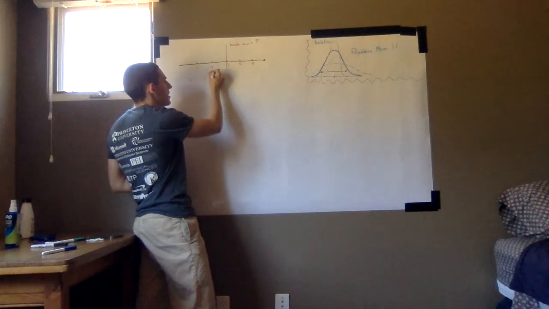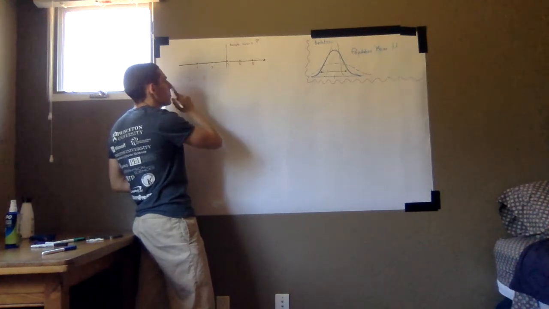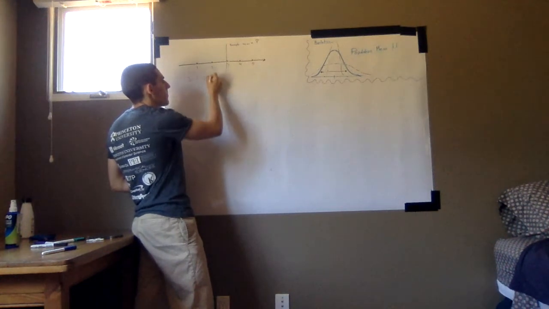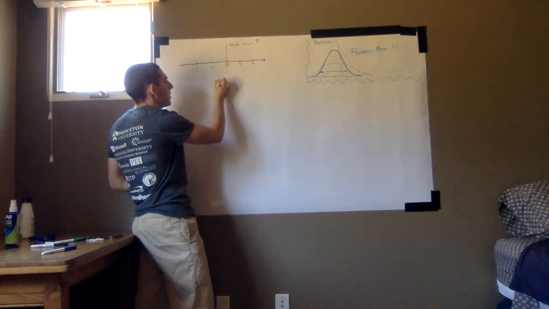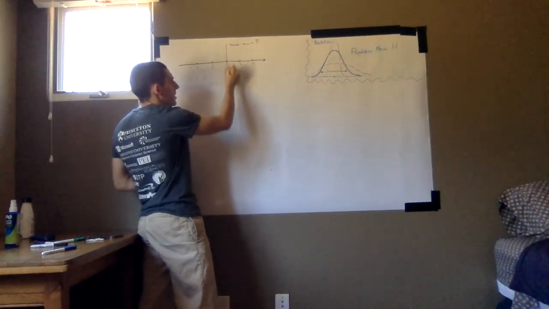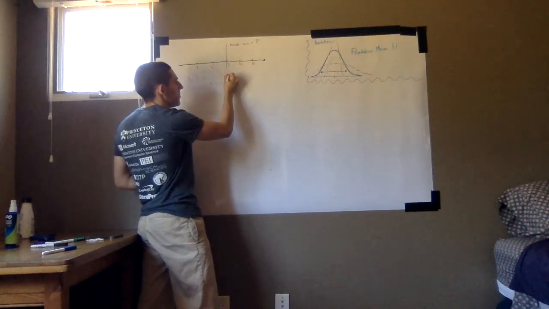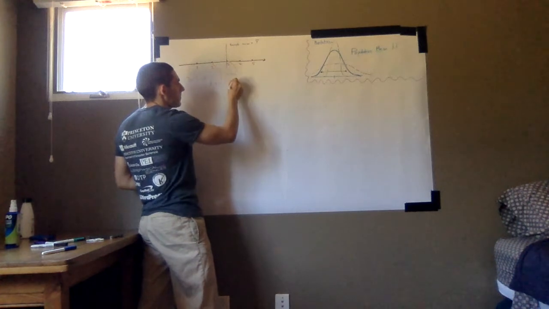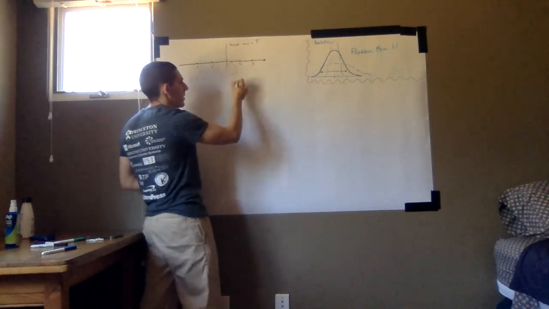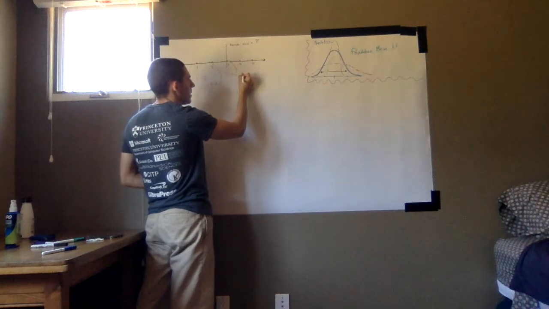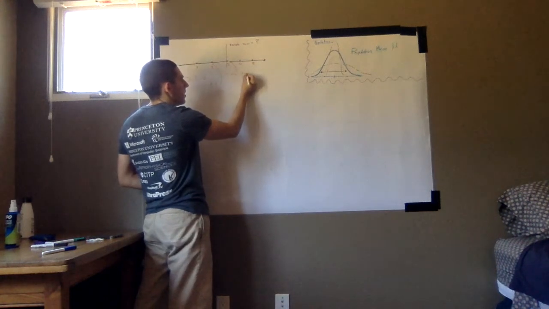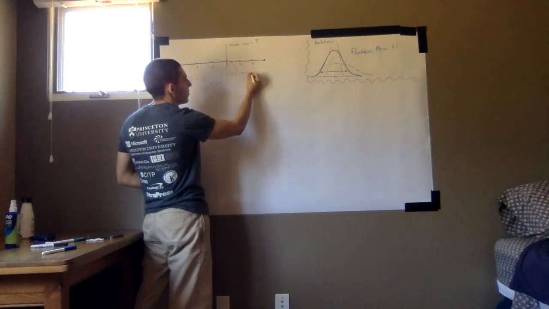And the deviation of this data point is equal to 3 minus 2, which is equal to 1. And the deviation of this data point is 3 minus 3, which is equal to 0. I'm going to play a trick now and switch the order here. So the deviation of this data point is 4 minus 3, which is equal to 1.